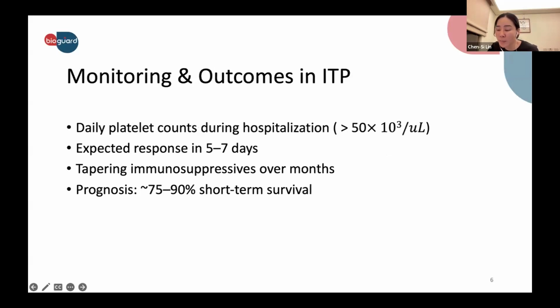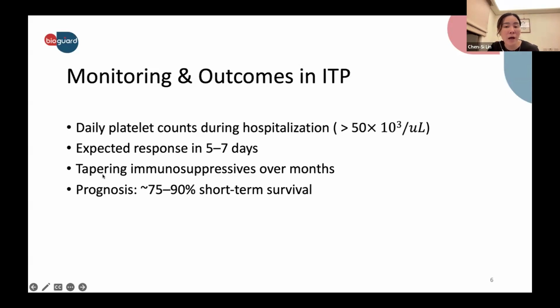A rise above 50 times 10 to the third per microliter typically marks risk reduction for spontaneous bleeds. That means our treatment is going to work at this time, and the expected response is around 5 to 7 days.